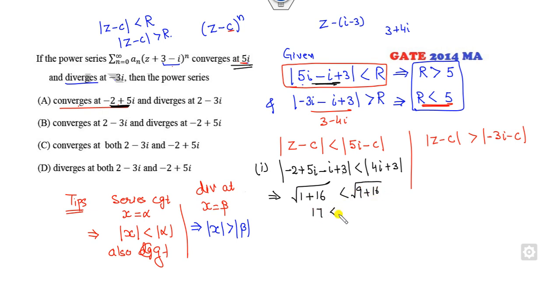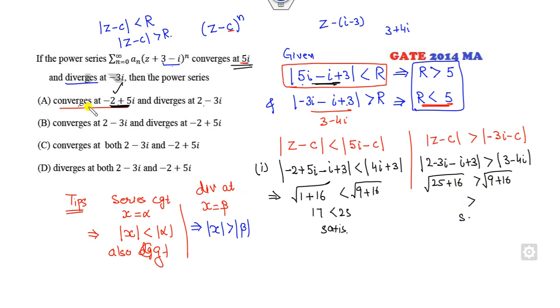Yes, 17 is less than 25, satisfied. Fine. So this is the convergent, correct. Now we can check for the divergent. 2 minus 3i minus i plus 3, and it is greater than 3 minus 4i. So it is 5, 25 plus 16. Is it greater than 9 plus 16? Yes, it's 25, and it is satisfied. So it means this option is the correct option.